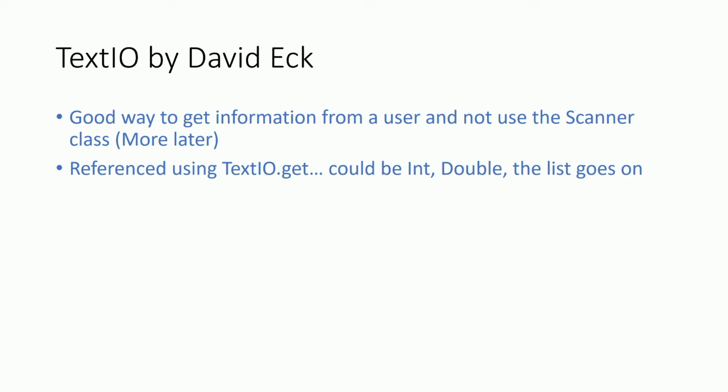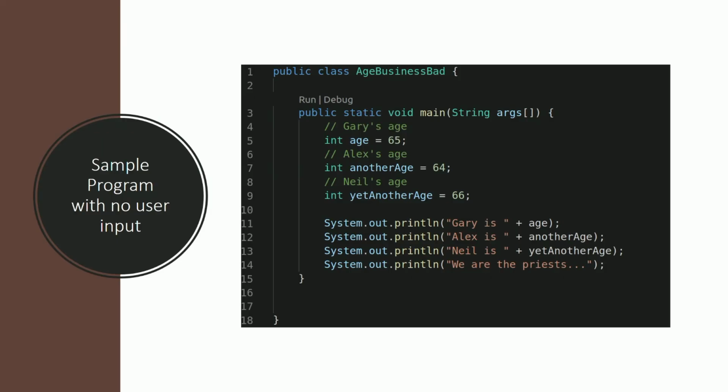To get into a little more on how that works, we'll look at a sample program that has no user input. This stinks as a developer, because in this case we have Gary, Alex, and Neil's age. We have to figure out what their ages are, and then put them into our program.